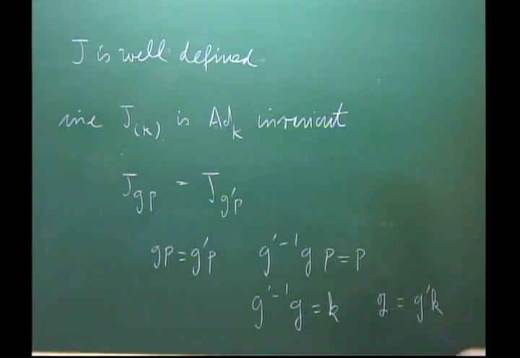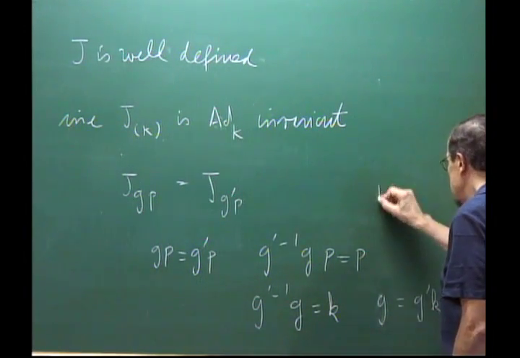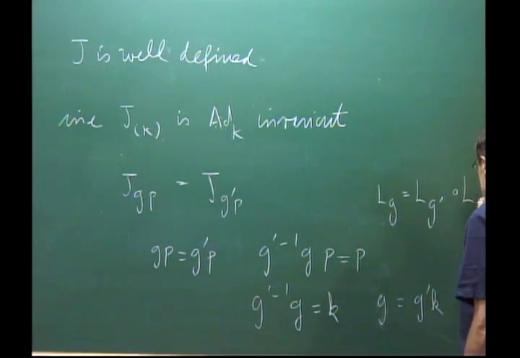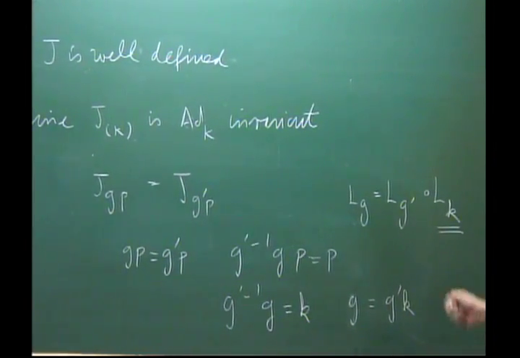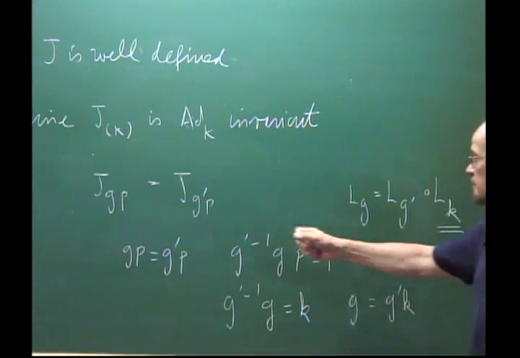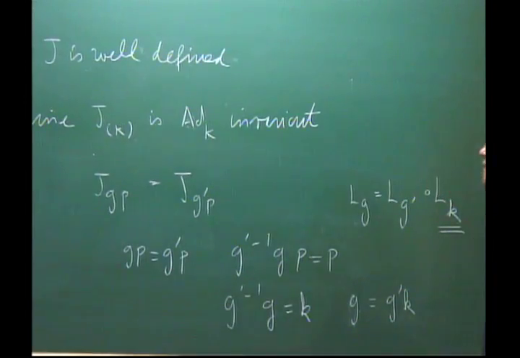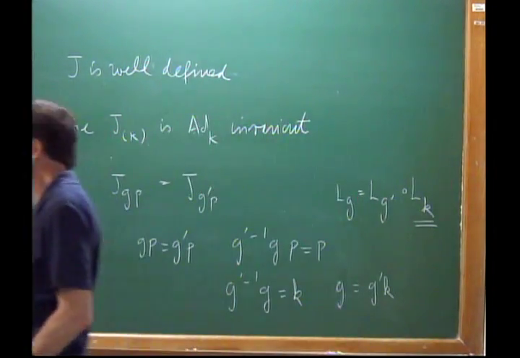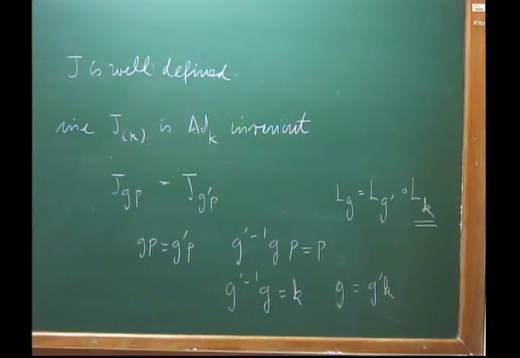So left translation by g is left translation by g prime composed with left translation by k. And this k is complex structure invariant. That means no matter which one I left translate with, I get the same complex structure. This was our usual argument. Okay. So that's the complex structure.